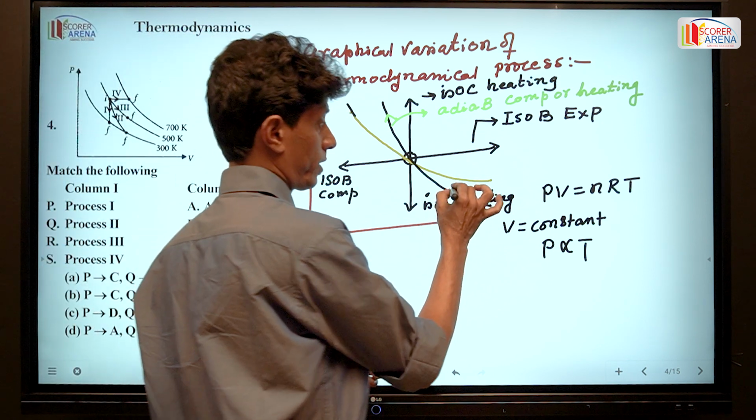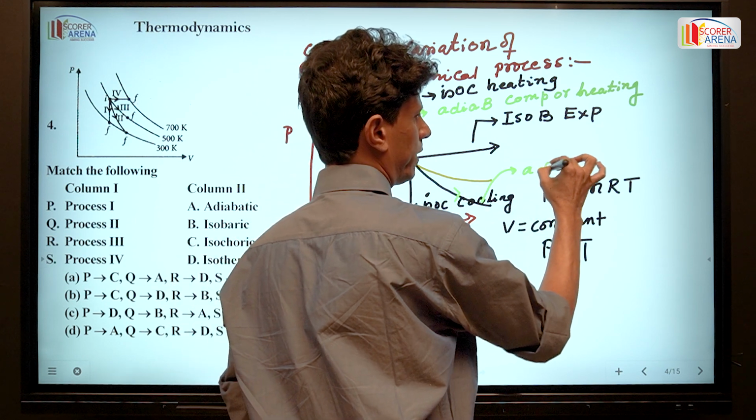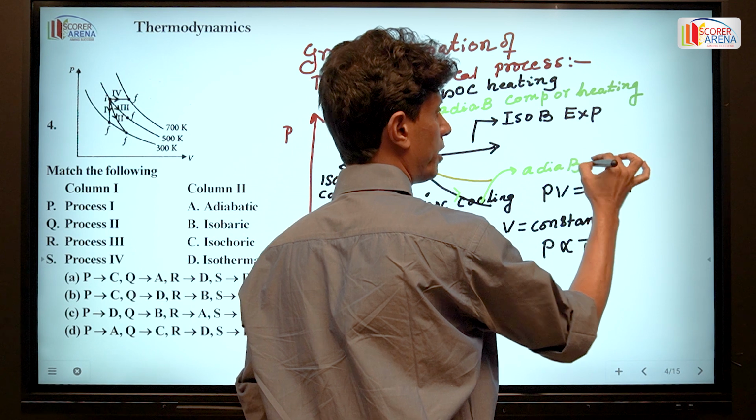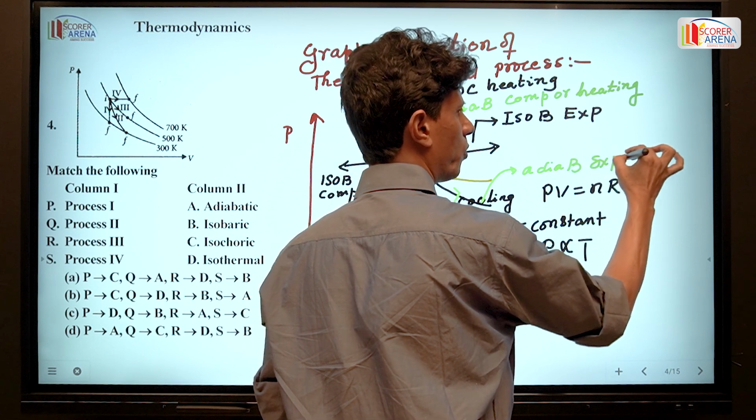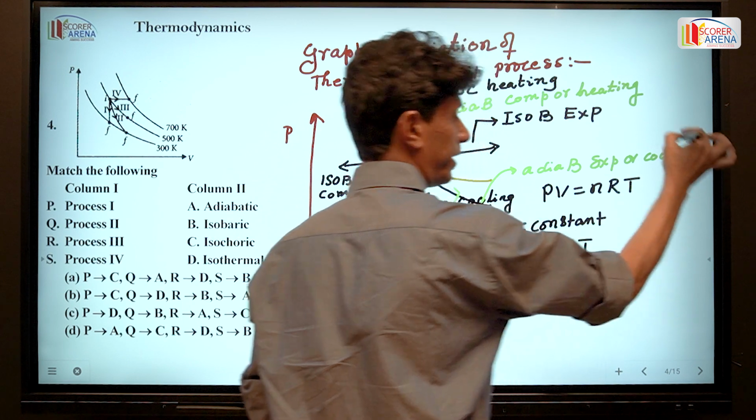Similarly, this is adiabatic expansion, or this can be written as cooling.